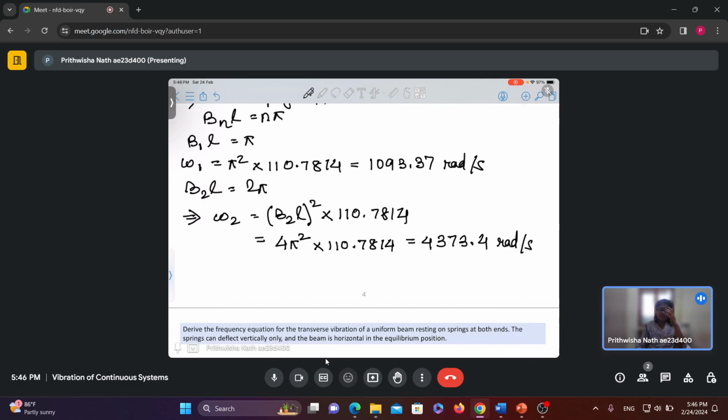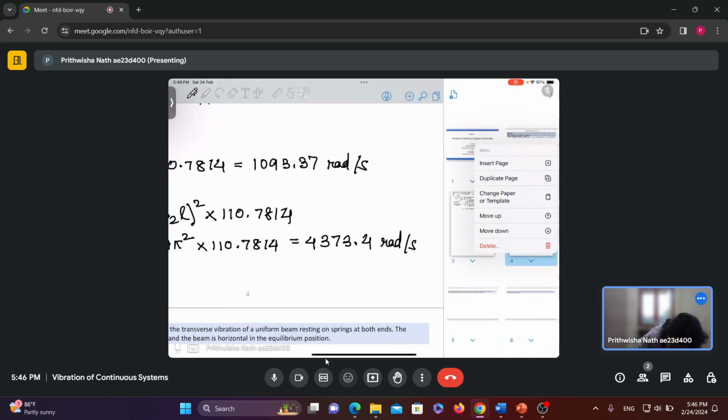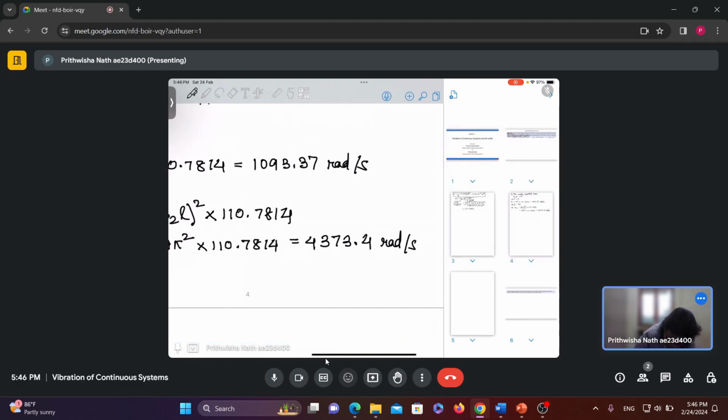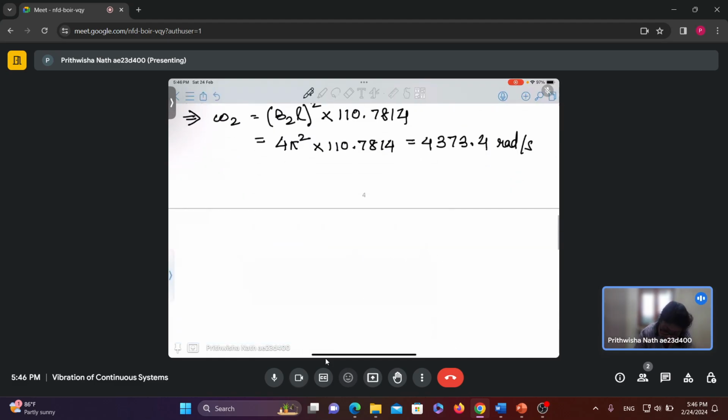Similarly, for the third frequency, we'll follow similar steps. Now beta 3 L equals 3 pi.